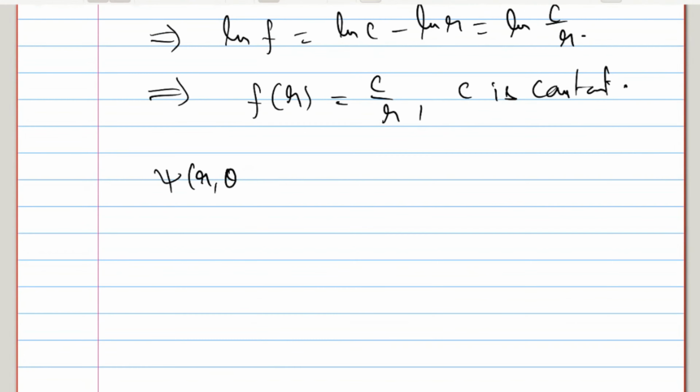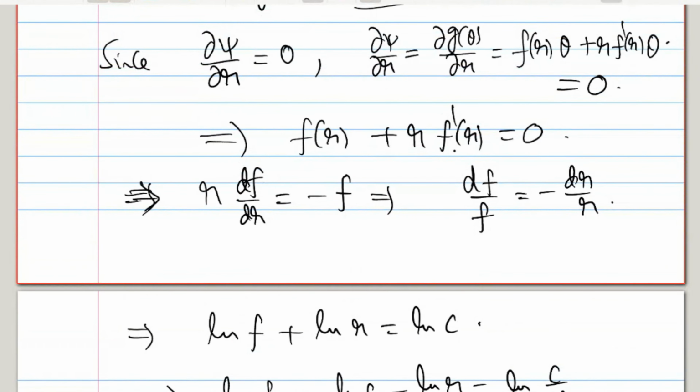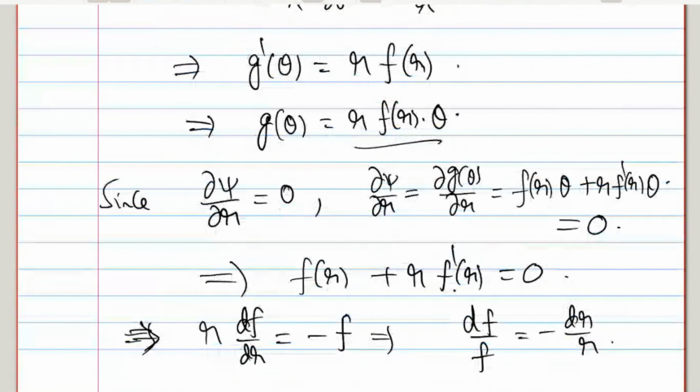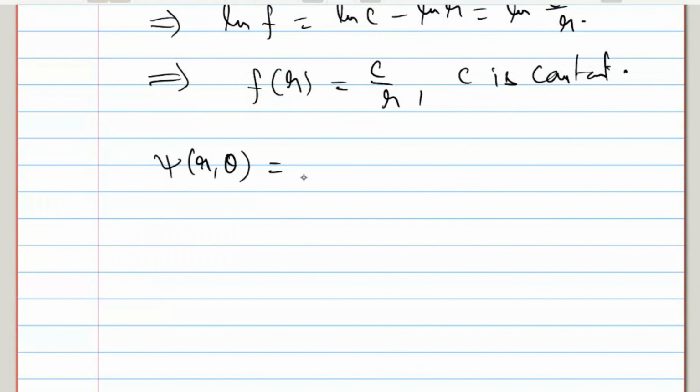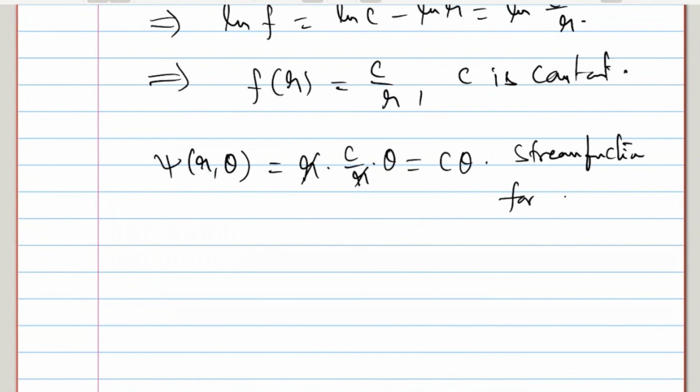So psi of r theta equal to g of theta. g of theta is what? f of r into theta, so r into f of r is c by r into theta. So r goes, you're basically getting c into theta. So these are your stream functions for source or sink. Okay. So which one is your sink?